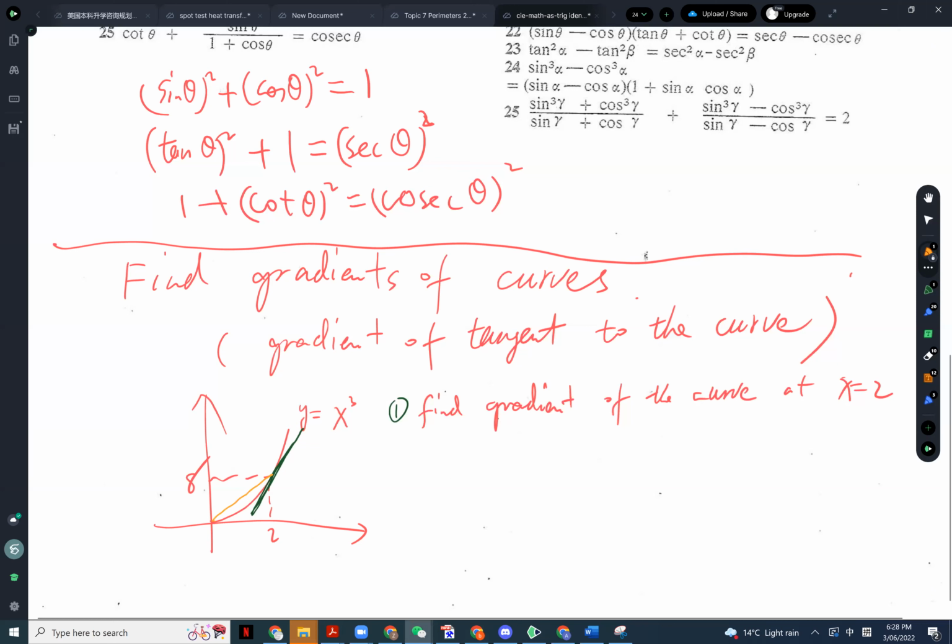Okay? How do we do the gradient? Jesse correct, because in our year 11 group, we learned the gradient.